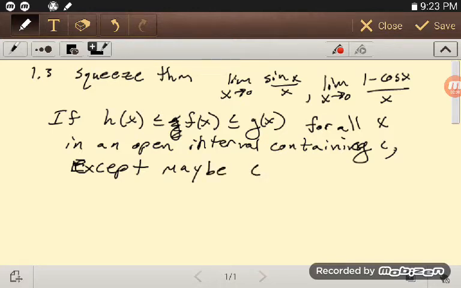In other words, because of the limit, it's all about getting close. We don't really care what's happening right at c.